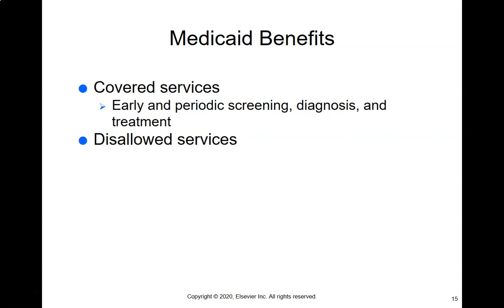They would also include inpatient hospital care and outpatient hospital care, nursing facility services, home health services, laboratory and x-rays, family planning, and so on. As for disallowed services, the physician can bill the patient in most states if a service is disallowed by Medicaid.